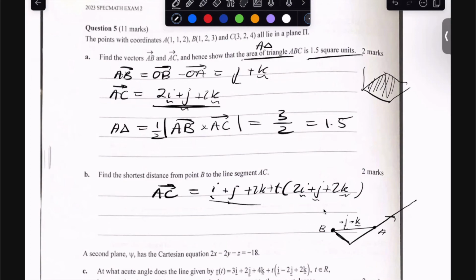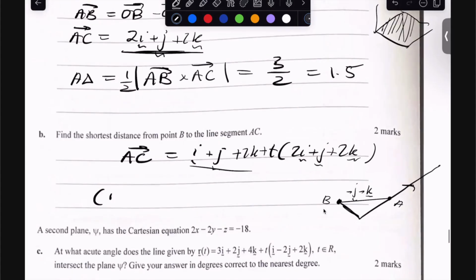So that's that. Now you want negative j minus k, you want to dot that with the unit vector in that direction. So we don't know what this is, but let's say it's x, y, z.